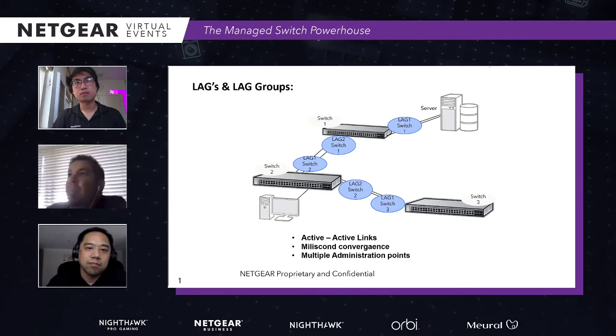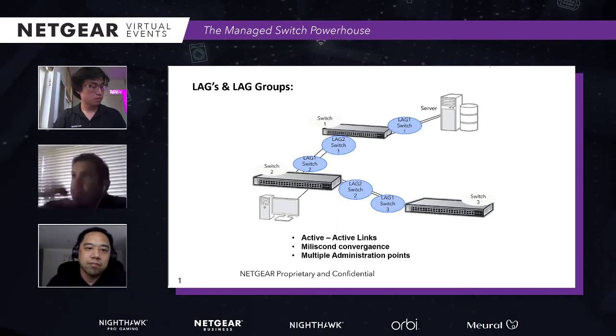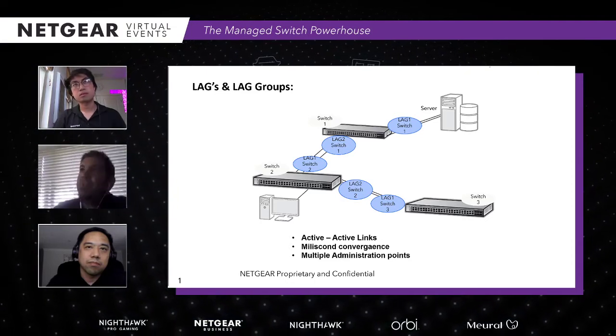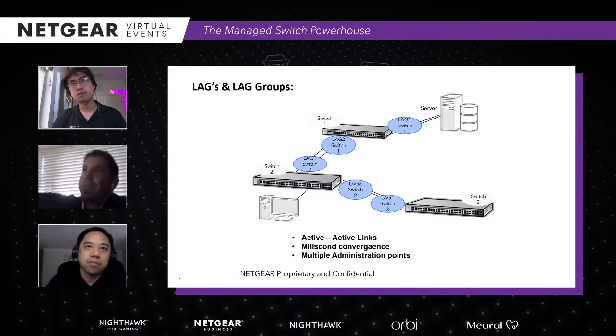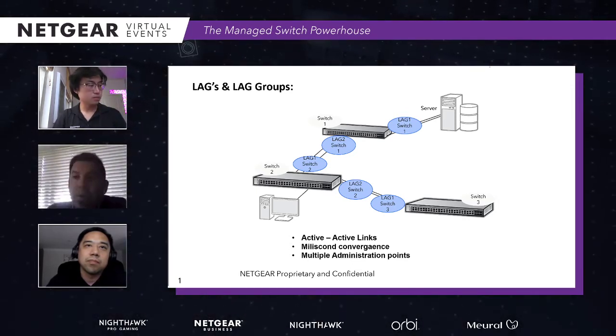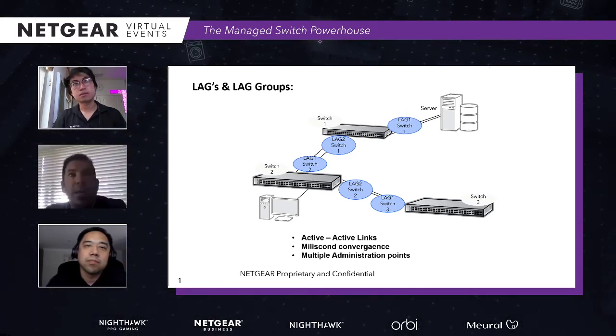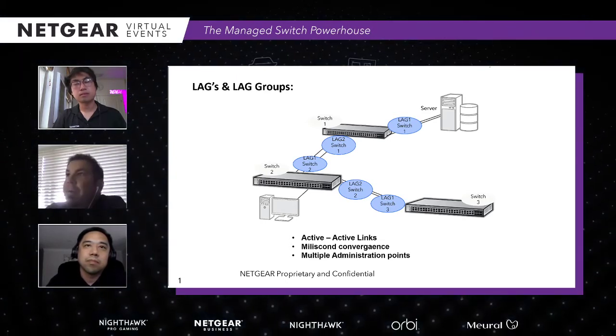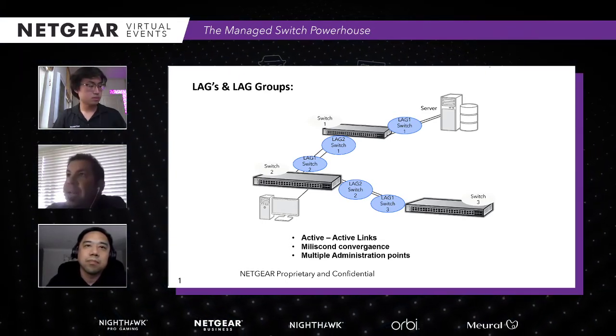That way, if something happens, all the brains are housed in the stack master. But the backup stack master, they share the config together, and the backup stack master is ready to take over with 0 downtime. It's instantaneous. We call it nonstop forwarding, NSF. And that way, you have 0 downtime should something happen to the stack master.